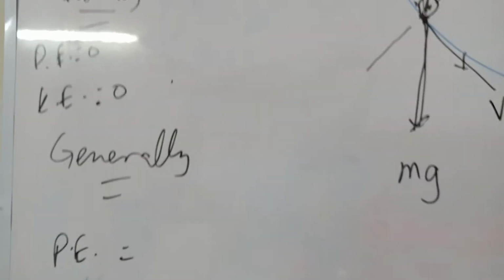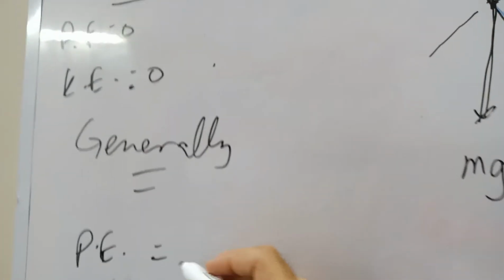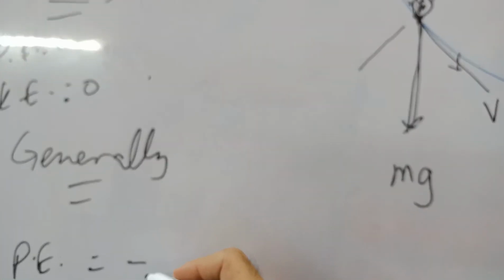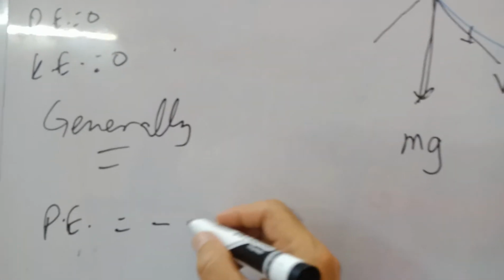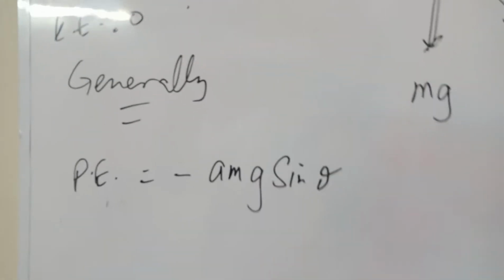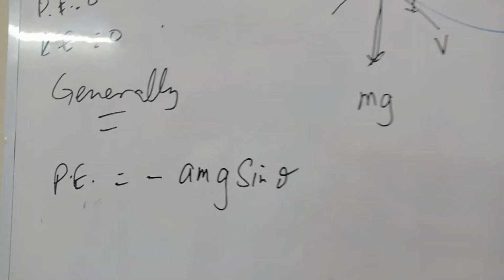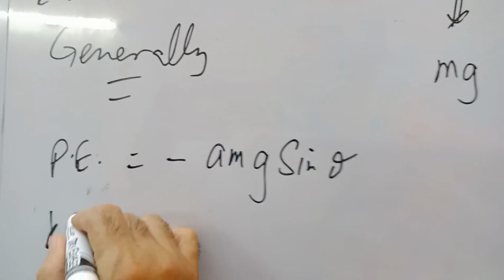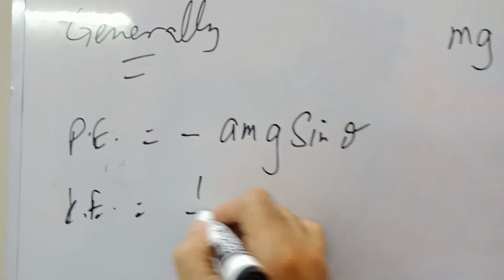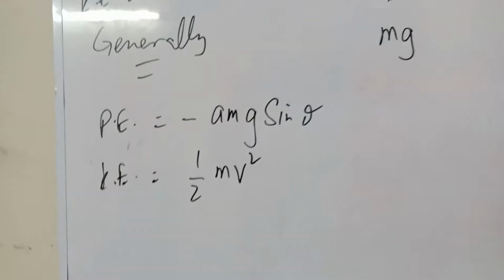So the potential energy at this general point is going to be minus a mg sine theta, and the kinetic energy will be half mv squared.